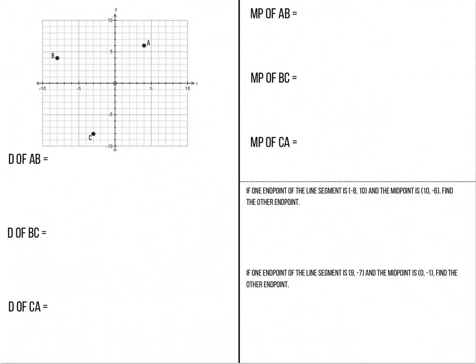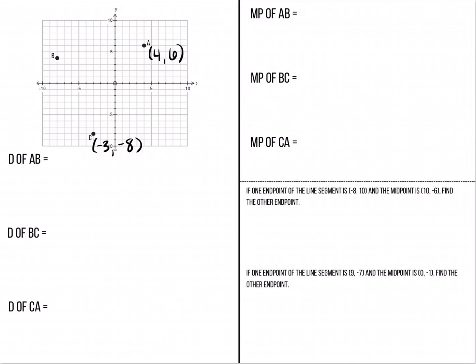If you look in here, we have these points A, B, and C on this graph. Let's first decide where A, B, and C are. A is at 4, 6. C is at -3, -8.